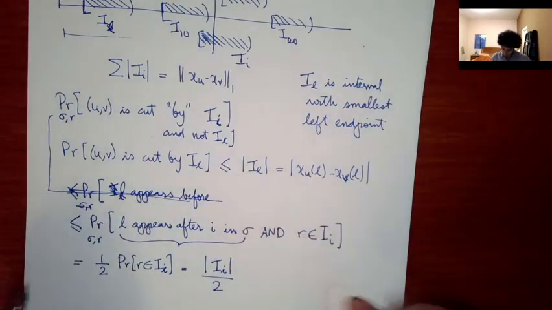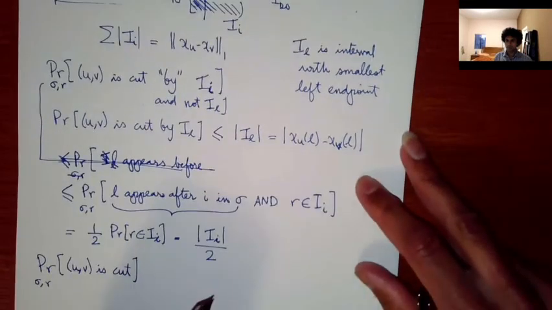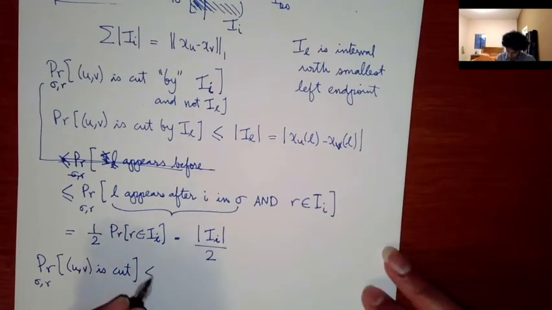So now let me sort of do it all. What is the probability that UV is cut? Basically I can just do a union bound.